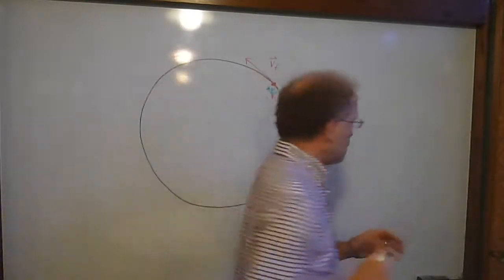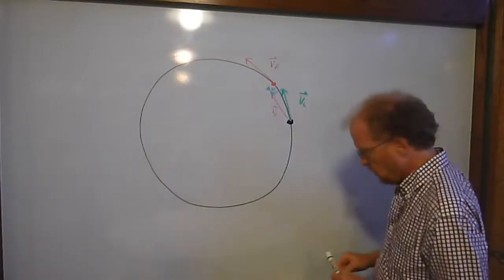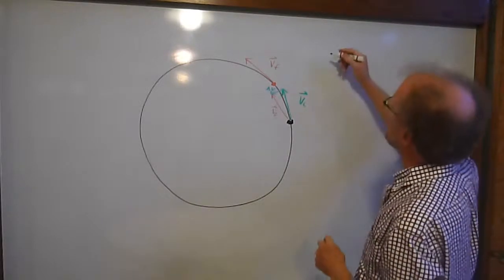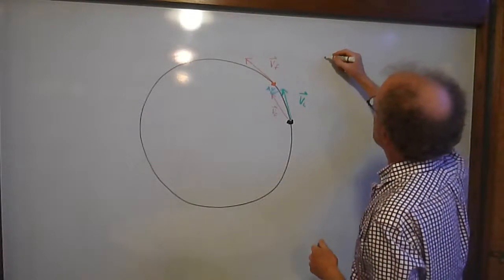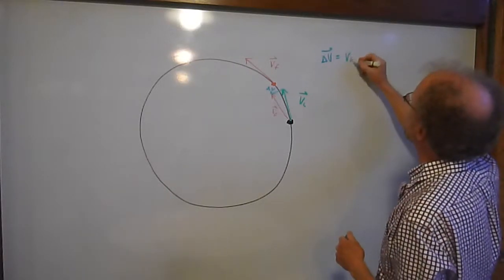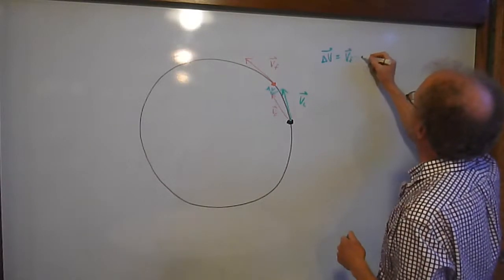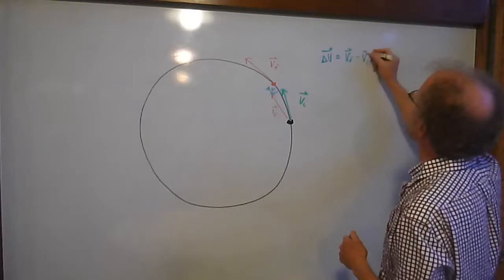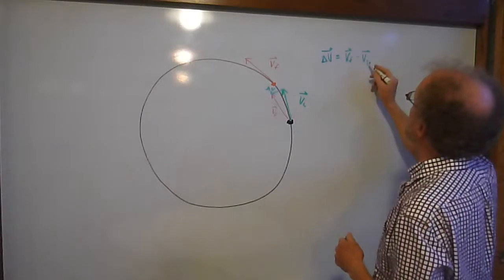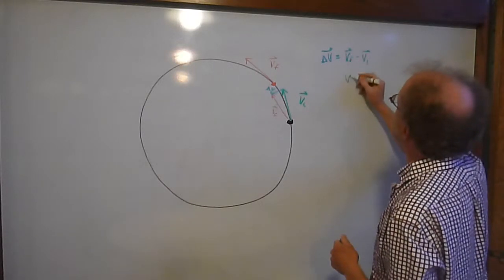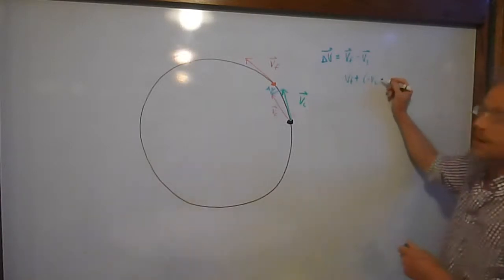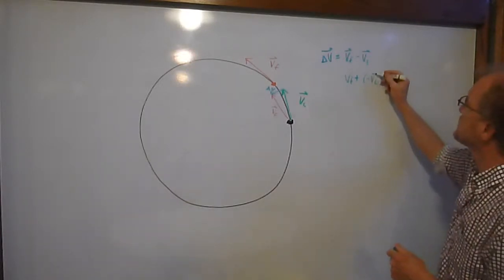To do that a little more rigorously, we know that delta V is equal to final velocity minus initial velocity. And if we're going to be subtracting vectors, what that means is we're going to be adding the negative of the initial velocity.